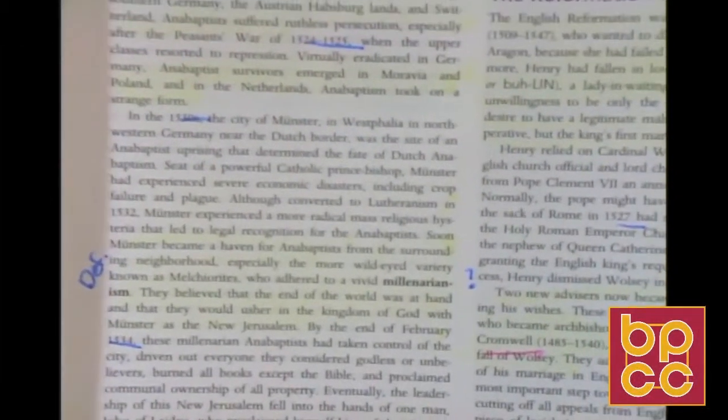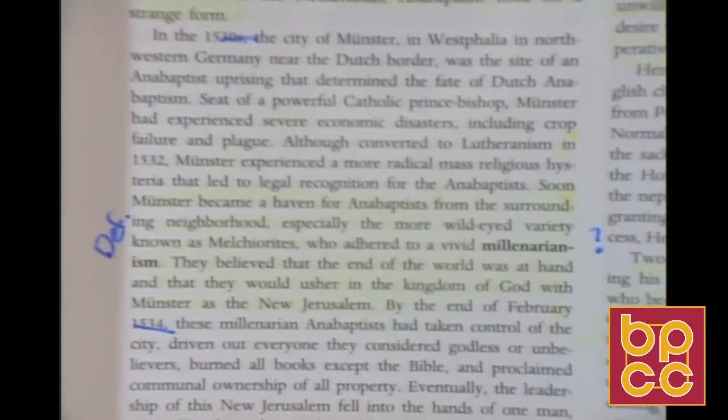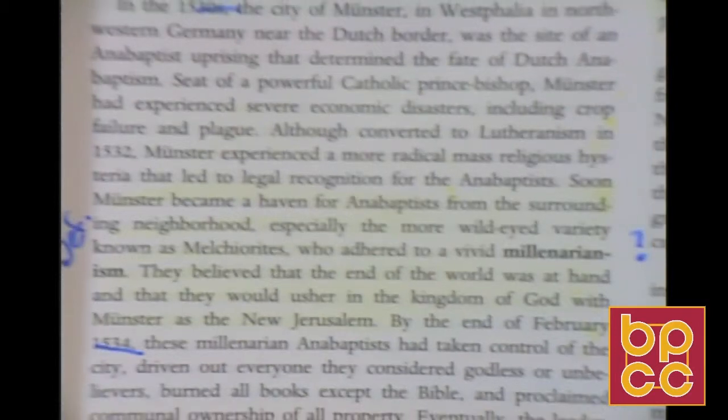And here we have up at the top of the page a whole lot of information still about what's happening in Europe with the Reformation. But let's go down to my real question here about who these folks were. These were in Germany. They're a type of Anabaptist.